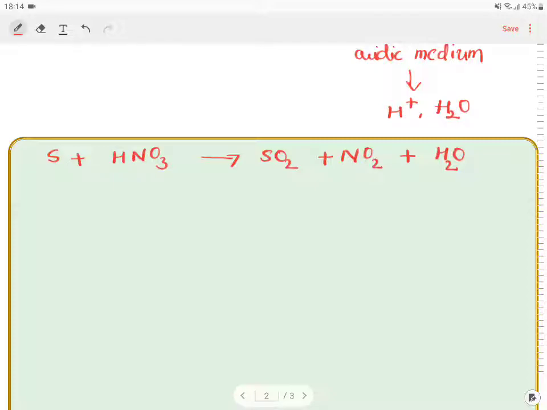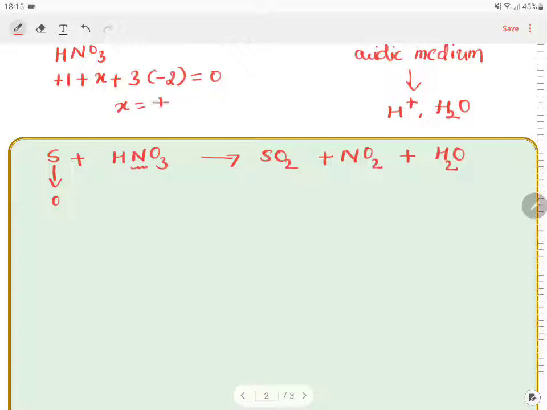The first step is find the central atom. Sulfur is the central atom, so its oxidation number is 0. Sulfur is in elemental form, therefore it is a 0 oxidation state. In HNO3, nitrogen is the central atom. Find the oxidation number of it quickly. I think you're already familiar with it. So HNO3, hydrogen is in +1 oxidation state, one nitrogen, therefore X plus 3 oxygen minus 2 equal to 0.